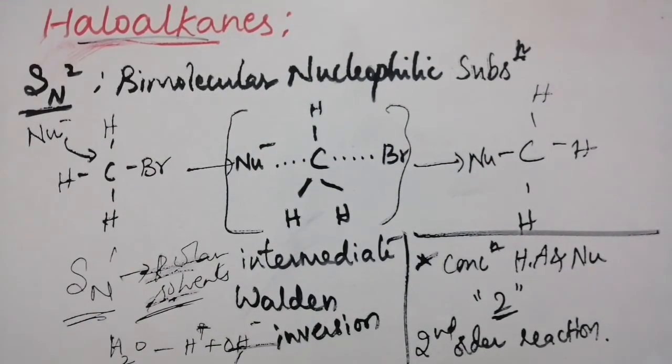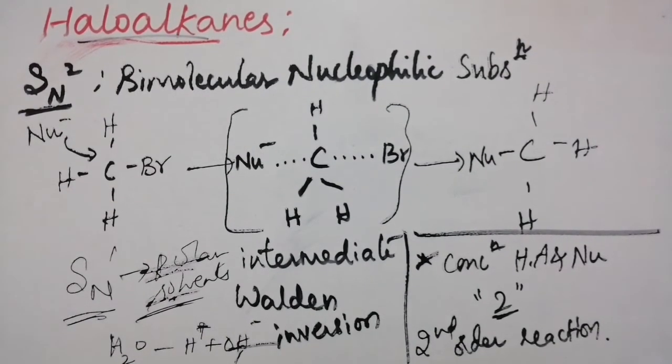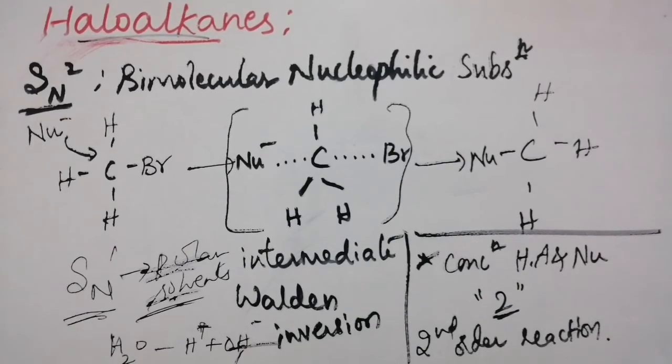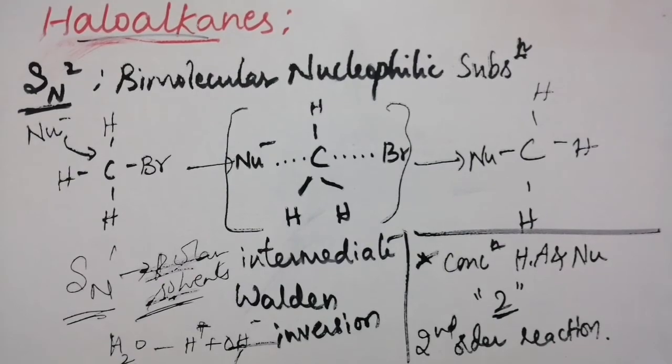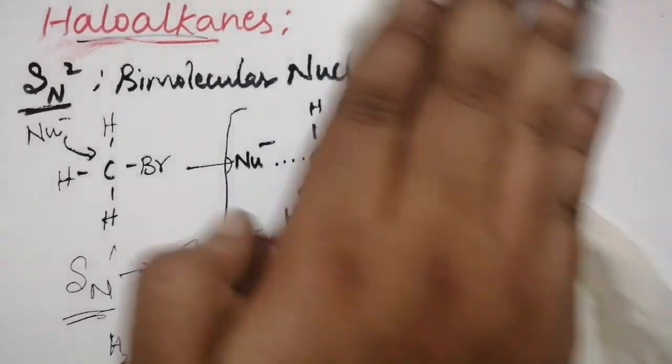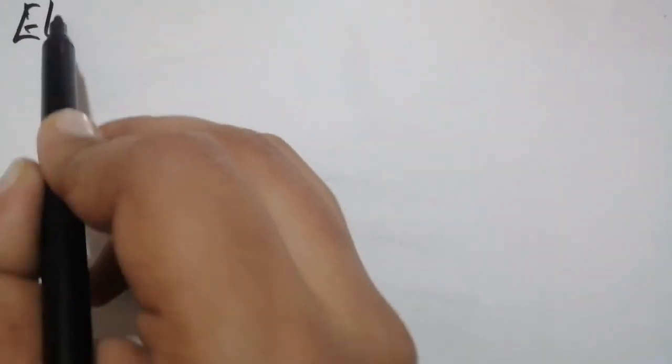So this is about the SN1 and SN2 reactions of haloalkanes. After nucleophilic substitution, I am moving forward with elimination reactions. What are elimination reactions? I am eliminating a thing in that reaction.